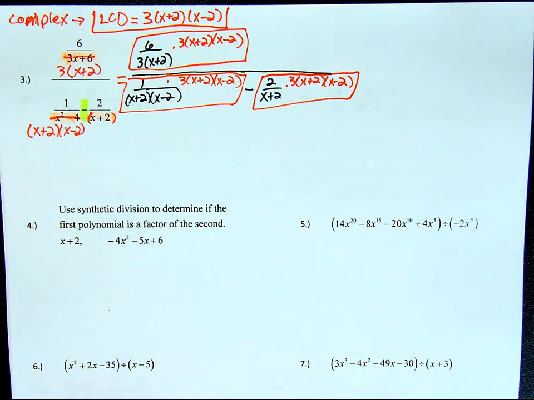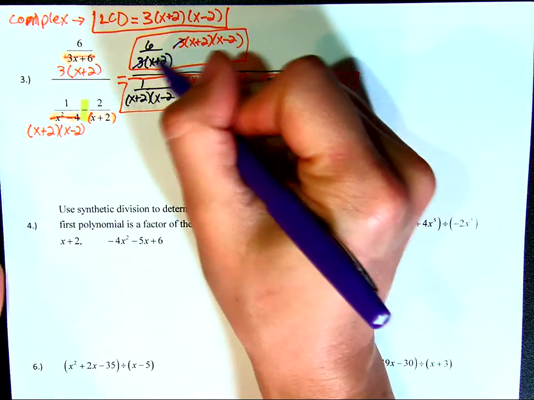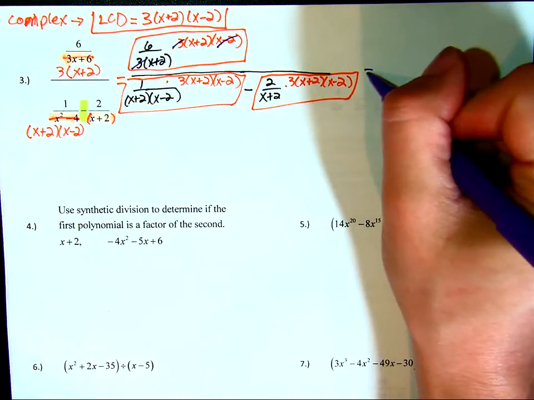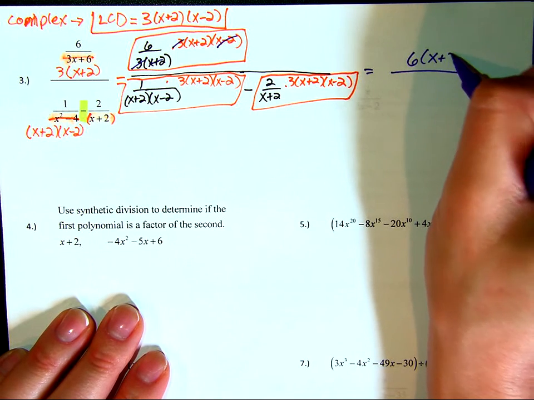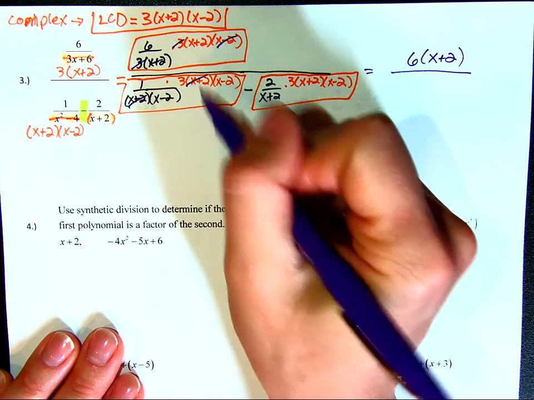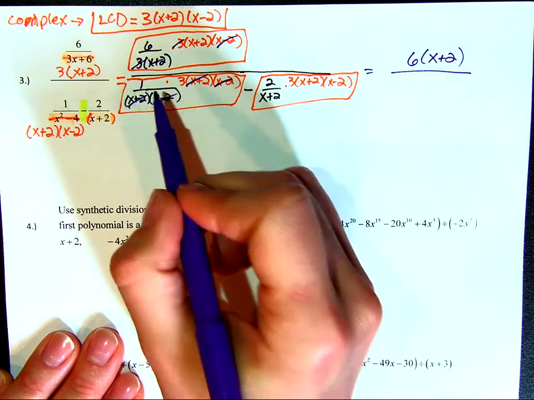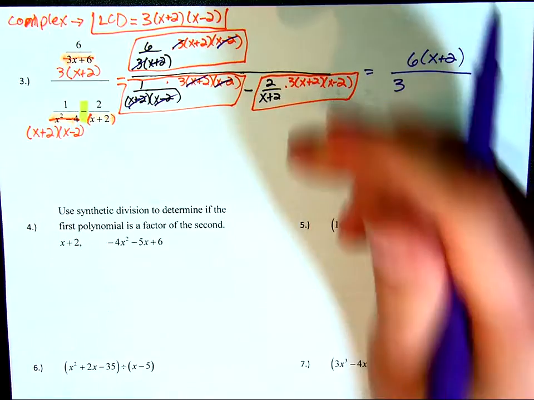So the 3 would cancel, the x minus 2 would cancel, leaving me with a 6 and an x plus 2 on the top. On the bottom, our x plus 2's would cancel, our x minus 2's would cancel. So you just have 1 times 3, which is a 3. Bring over your minus sign again.